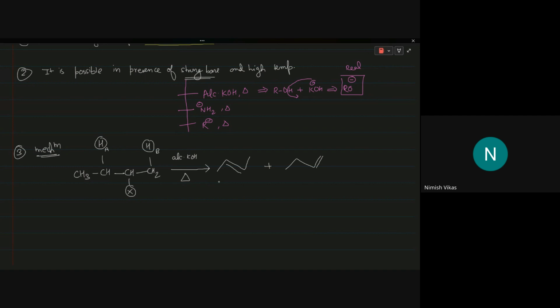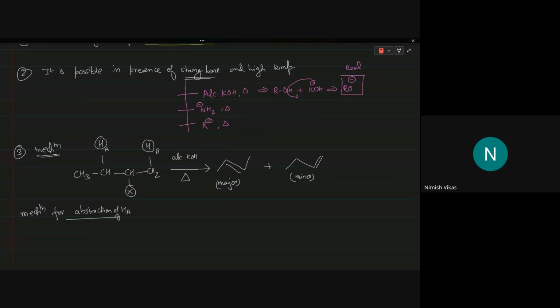This will be your major product and this will be your minor product. The stability you can determine on the basis of hyperconjugation. Now I'm drawing the mechanism for abstraction of HA hydrogen.